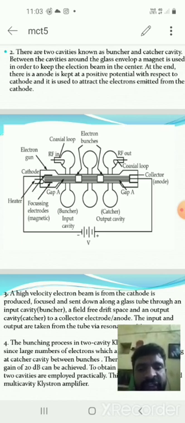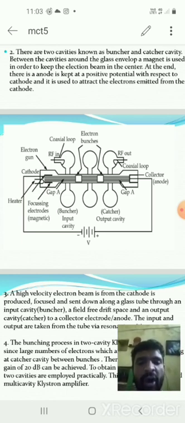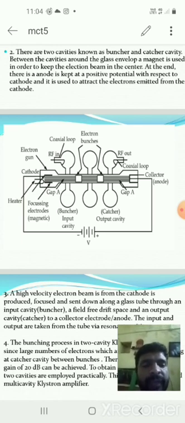Whenever the switch is on, the electron gun generates the electrons, which travel towards the glass or vacuum tube through the collector, which is highly positive compared to the cathode. So the cathode is taken as negative, and the anode is taken as a positive voltage.